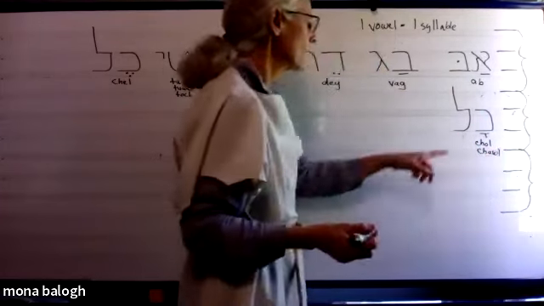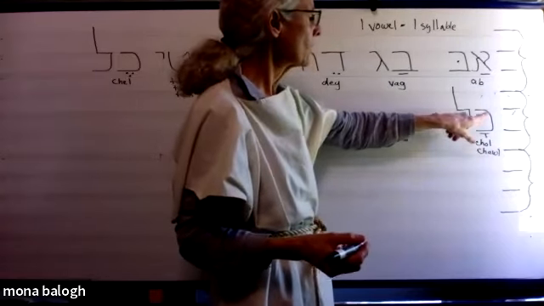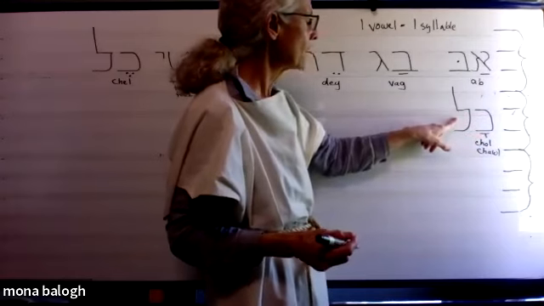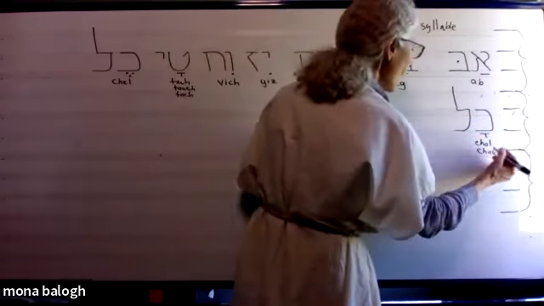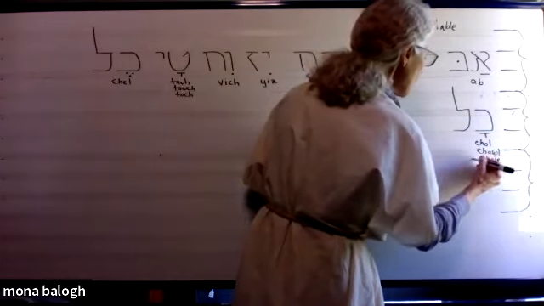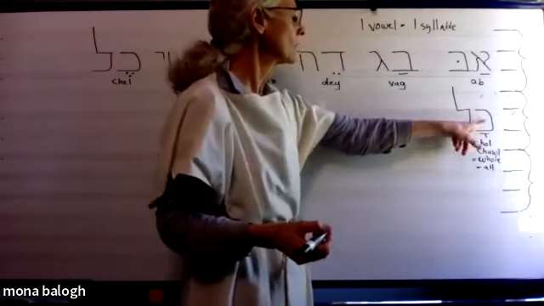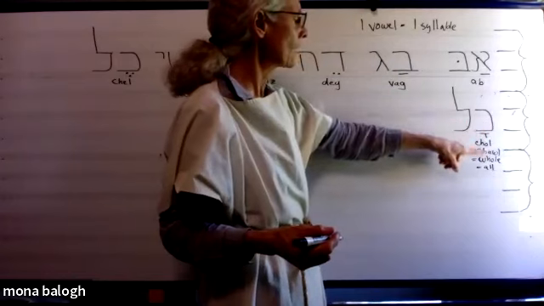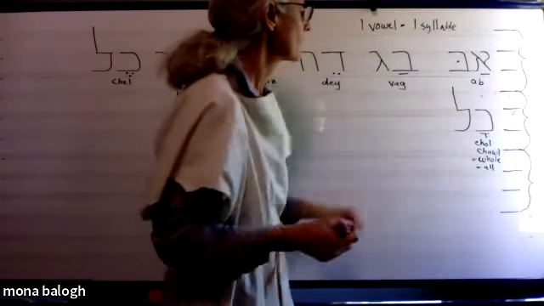Either way, with that kamatz as an O or an ah, when you see chaf, kamatz, lamed, it means whole or all. It's interesting how it sounds just like the English word: kol, or all.